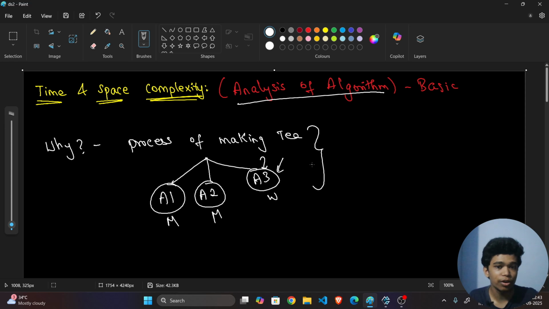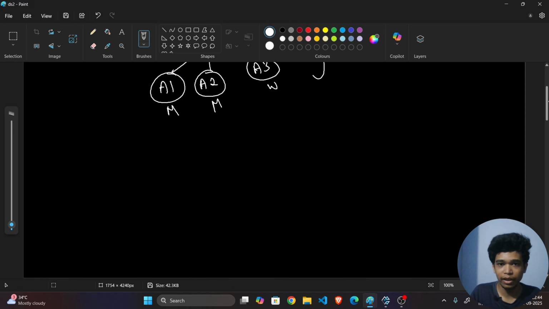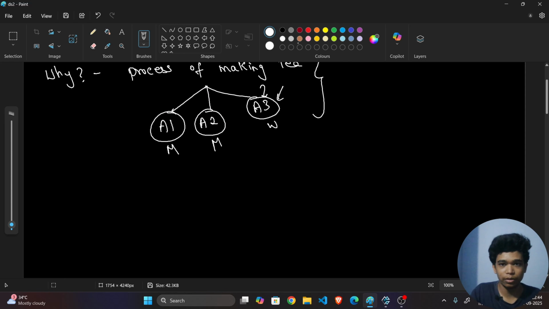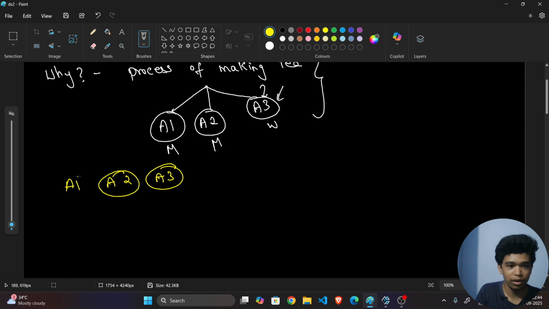But in the case of CS concepts, the analysis of algorithms is done via some metrics. How can we compare these algorithms? For example, there are three algorithms: A1, A2, and A3. To compare all of these, I have some metrics.